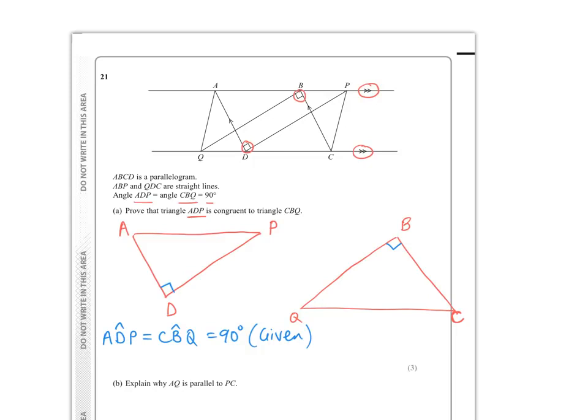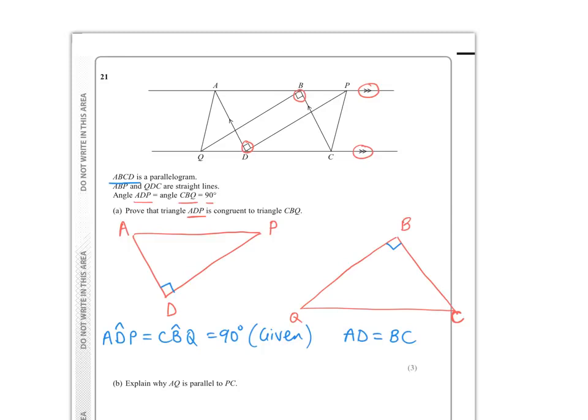I also know that opposite sides of a parallelogram are equal. So I also know that AD equals BC because it said ABCD is a parallelogram.